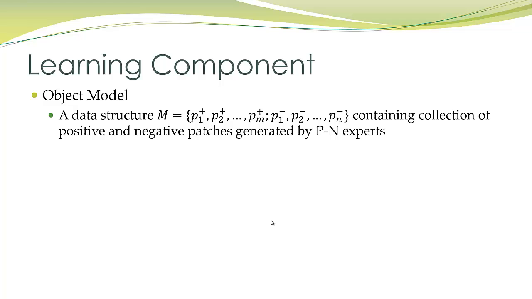So actually, there is one thing that we've left, which is the object model. We can see that the TLD framework has an object model that consists of positive samples and negative samples, and the PN experts just keep adding samples to this training set, and this whole thing makes up the object model.